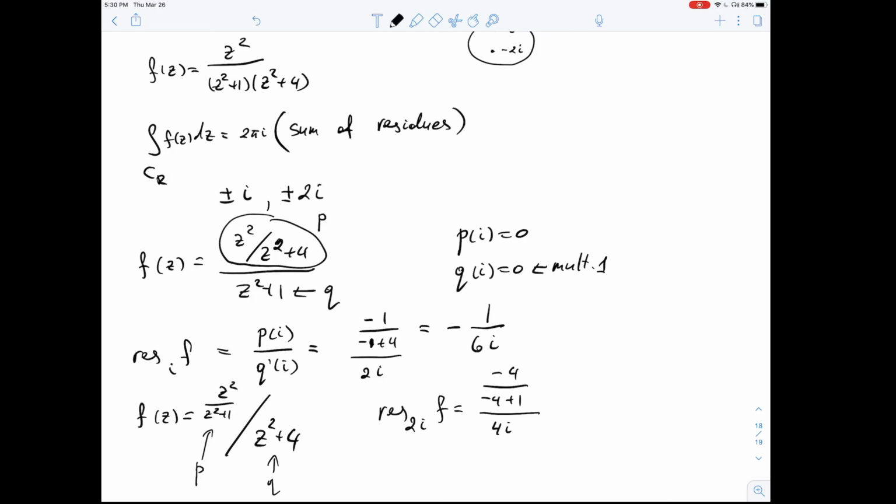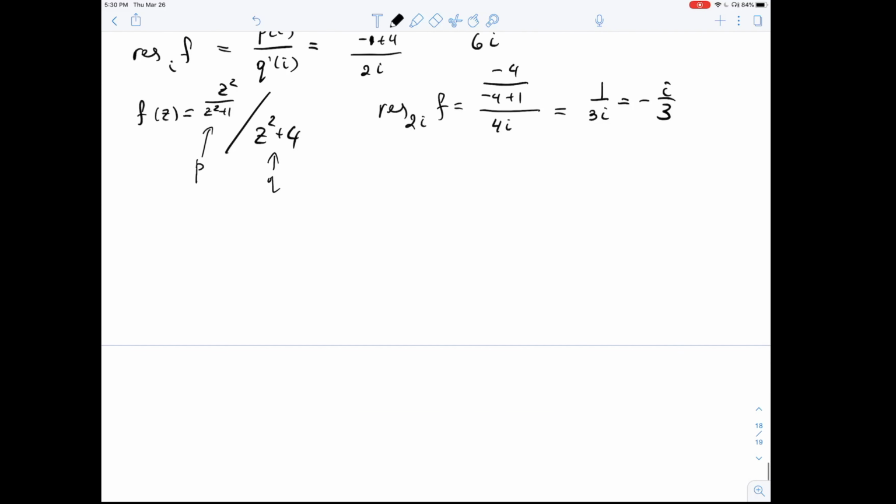So it's minus 4 divided by minus 3. It's 4/3 divided by 4i. It's 1 over 3i. This, by the way, was i over 6, and this is minus i over 3.